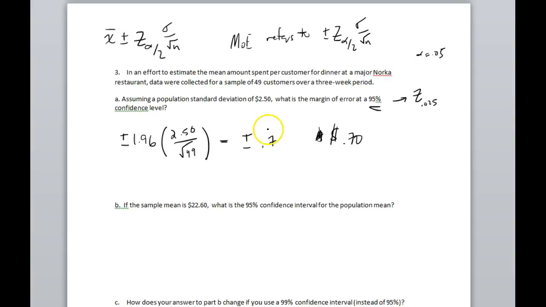Okay, and now if the sample mean is 22.6, what is the 95% confidence interval for the population mean? That's easy, we already got the margin of error. If the sample mean is $22.60, we're just saying it's $22.60 plus the 70 cents and minus it.